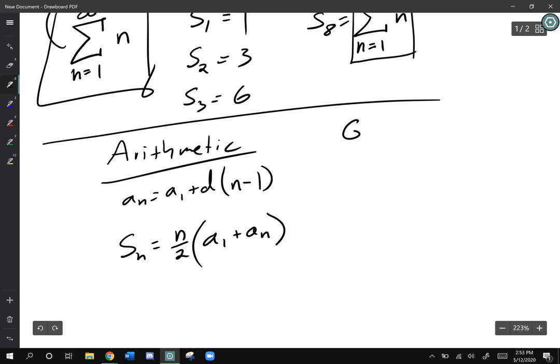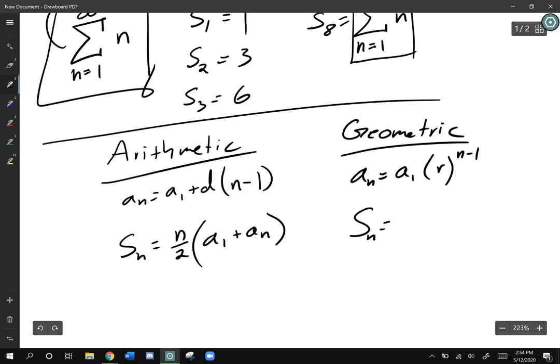Then you also have your geometric formulas. The nth term is equal to a sub 1 times r to the n minus 1. S sub n is equal to a sub 1 times 1 minus r to the nth, divided by 1 minus r.